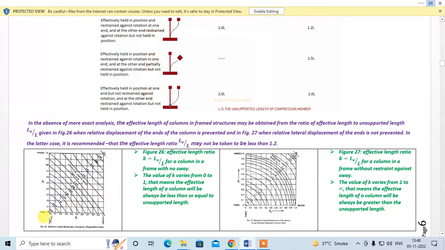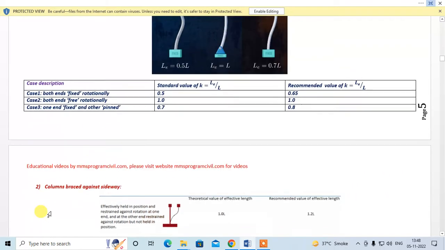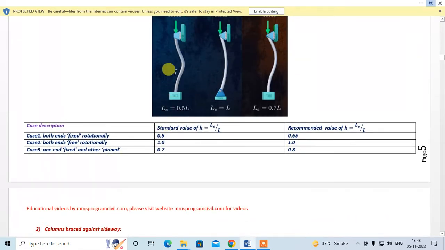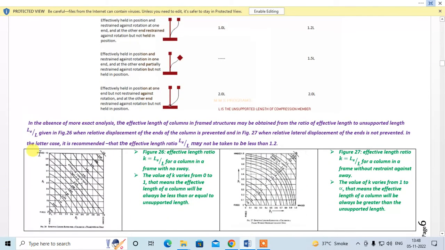So when the conditions are fixed, the value of k is 0.5. You can see this in the figure. When it is hinged and fixed, the value is 0.7.